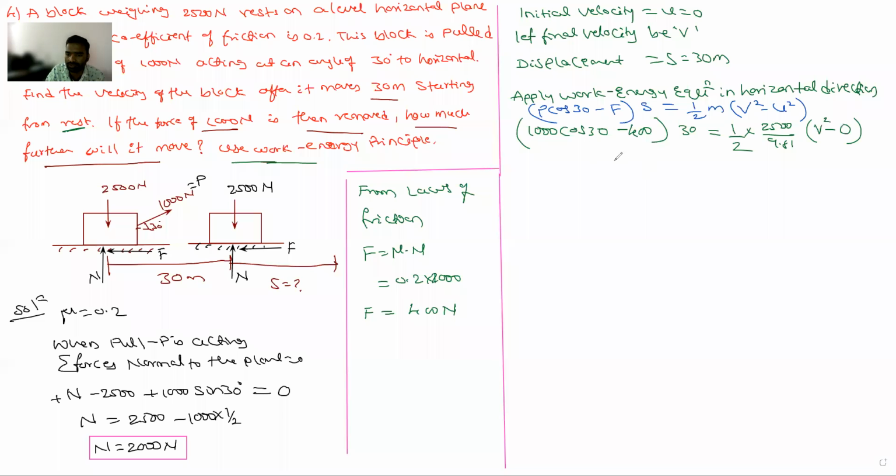So find out the value of V first. To come from this point to this point, this is the velocity. After coming here, what happened? This P is removed. Now for the next case, this is the initial velocity. Calculate the value of V.